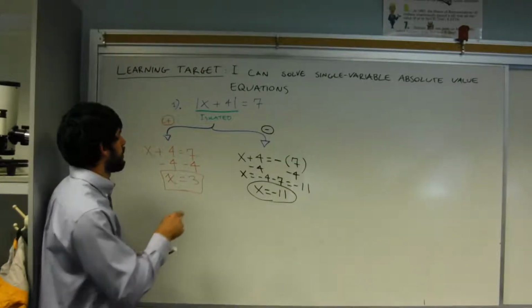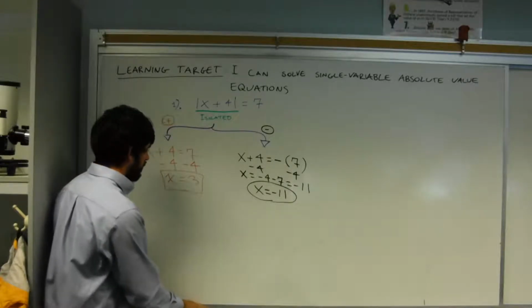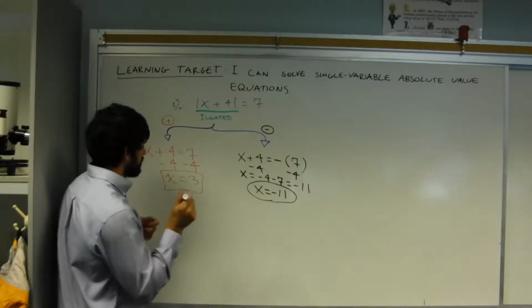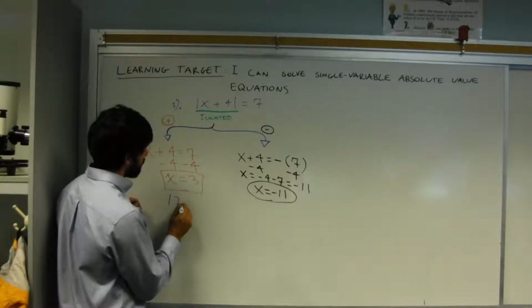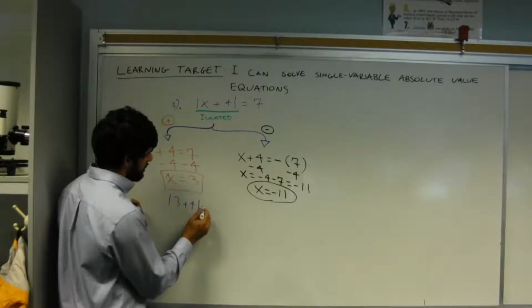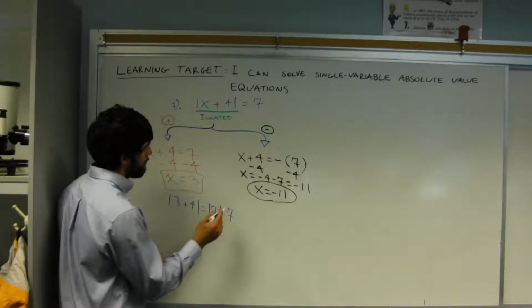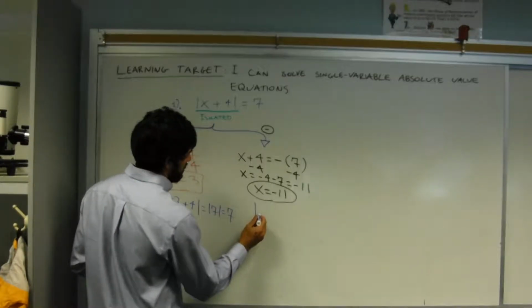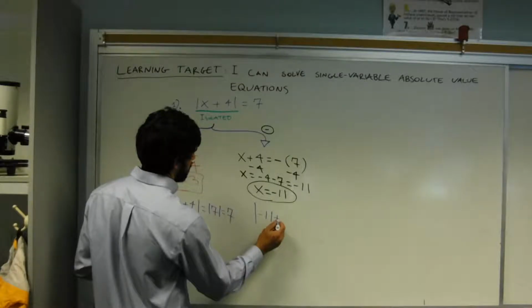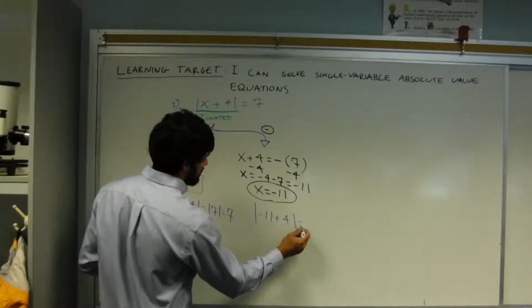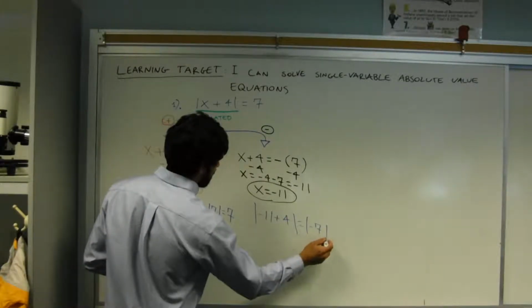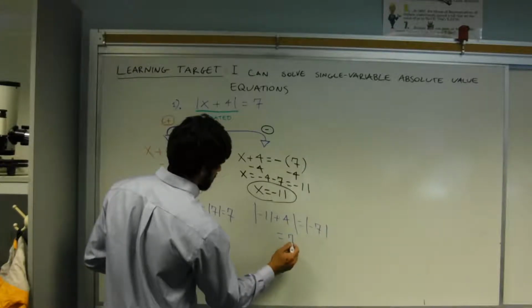We can check our work by plugging them back into our original equation. So the absolute value of 3 plus 4 is equal to the absolute value of 7, which is indeed equal to 7. In this case, we have the absolute value of negative 11 plus 4, which is equal to the absolute value of negative 7, which is indeed equal to 7.